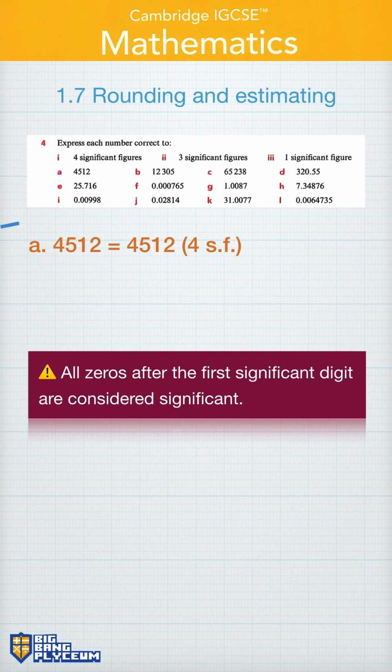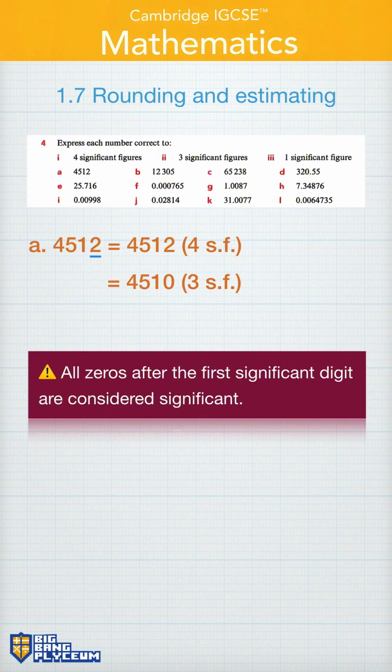For example, if we want to express this number to 3 significant figures, we look at the fourth one. If it's 4 or less, we simply keep the third one as its original digit, okay? For example, we can write it as 4,510, which is expressed to 3 significant figures.